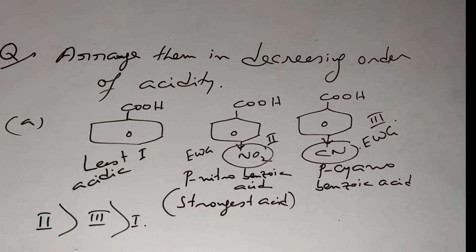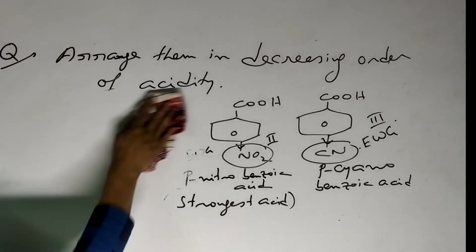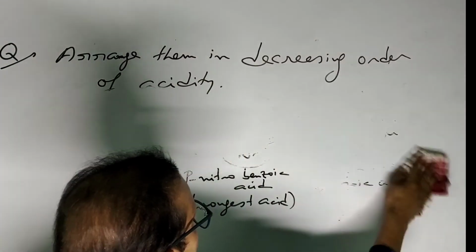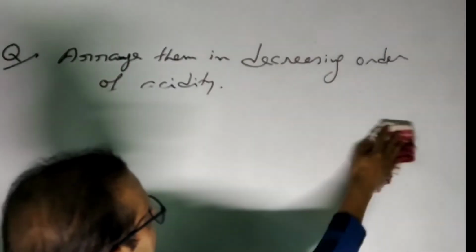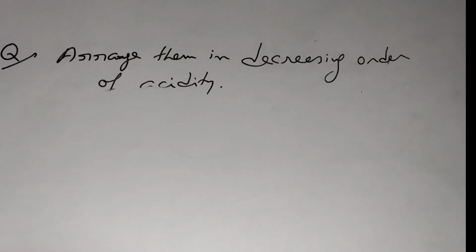Now, next question, okay, write it. Same heading, okay, arrange the following in decreasing order of acidity. Sometimes they may give decreasing order, that is descending order.